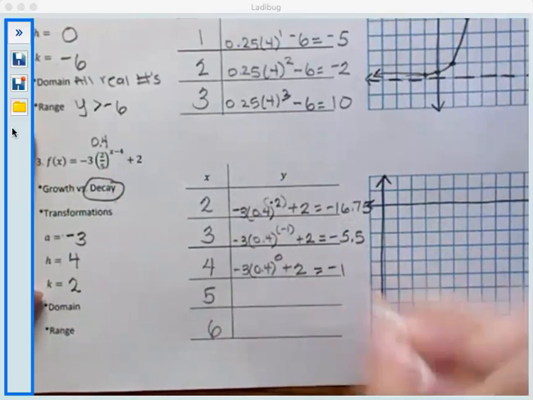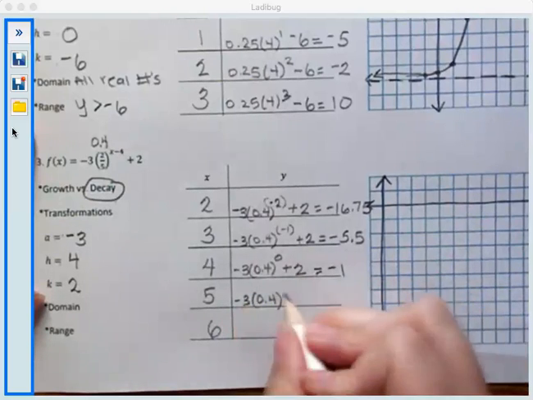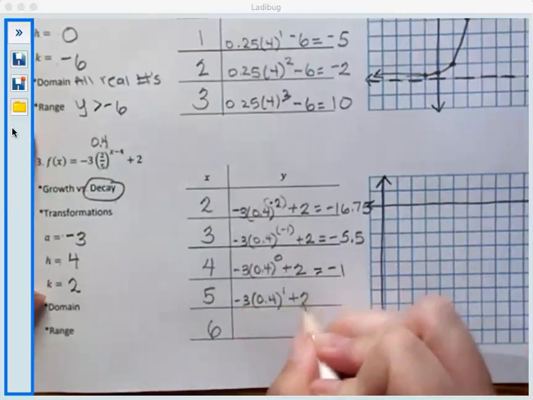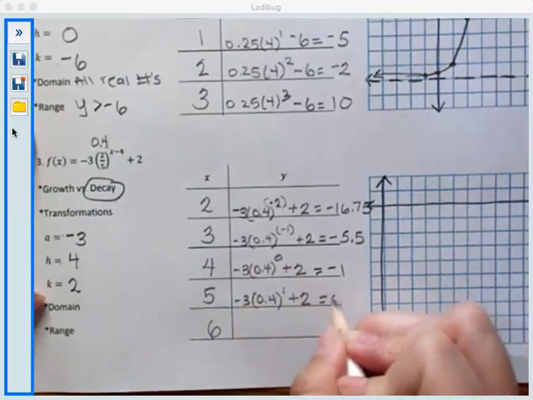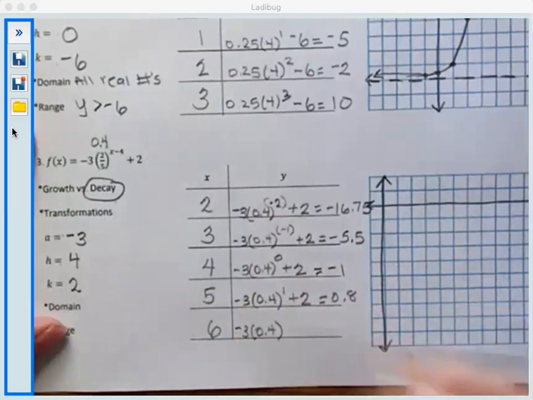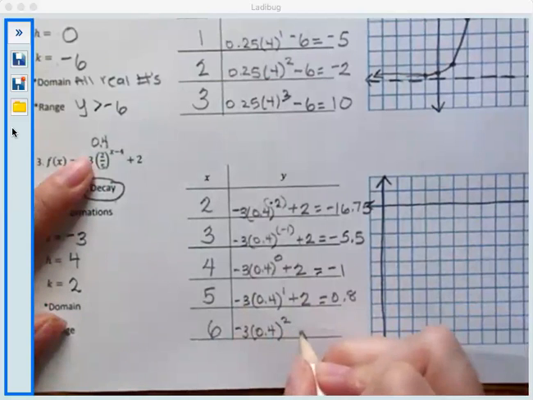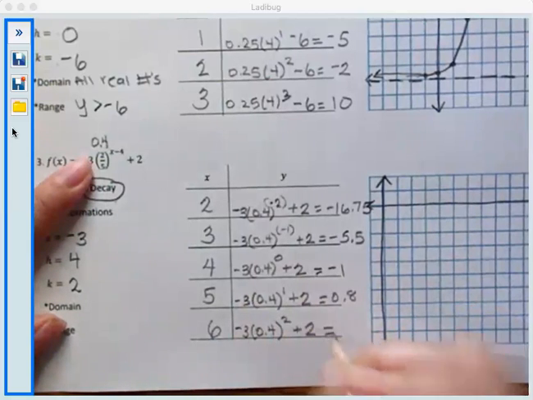That gives me -1. -3 times 0.4, 5 minus 4 is 1, so to the first power, plus 2 equals 0.8. And -3 times 0.4, 6 minus 4 is 2, so squared, plus 2 equals 1.52.